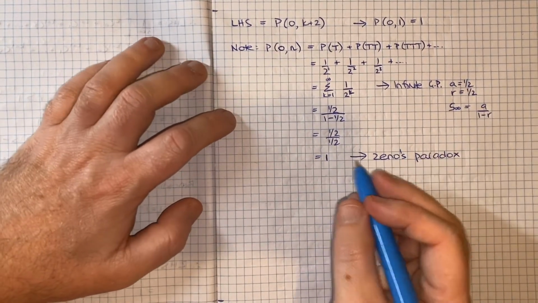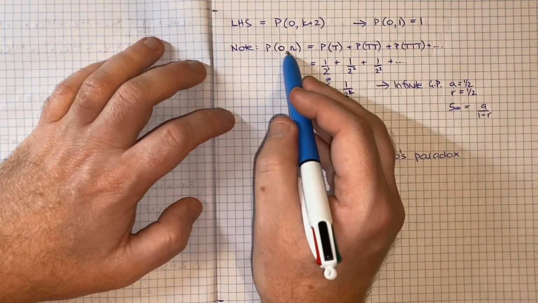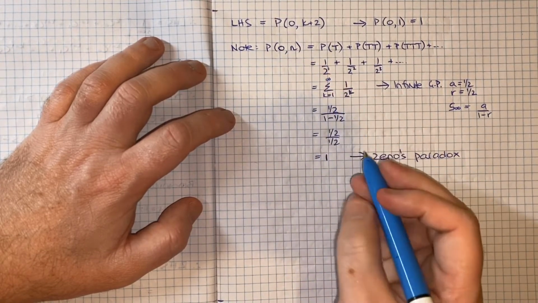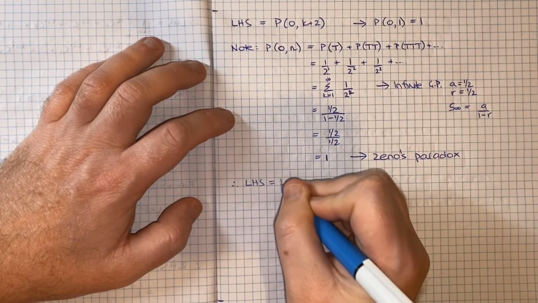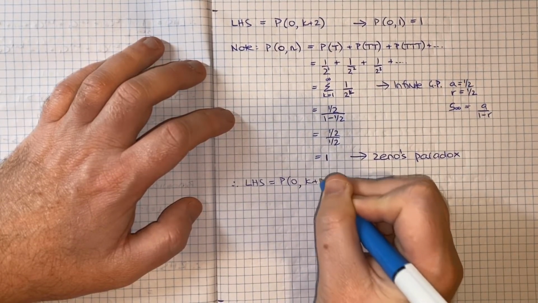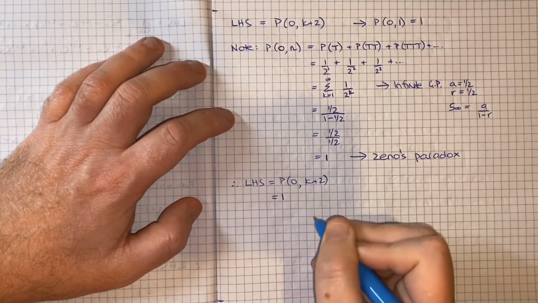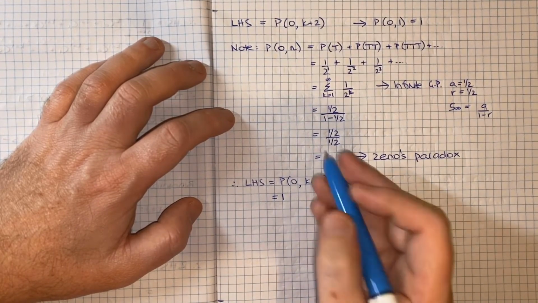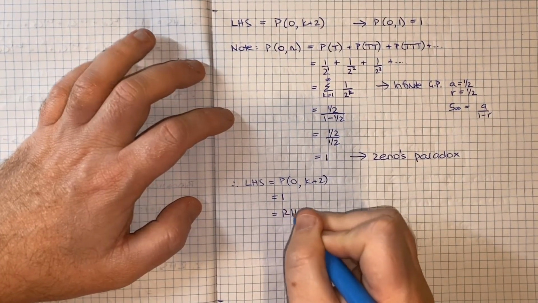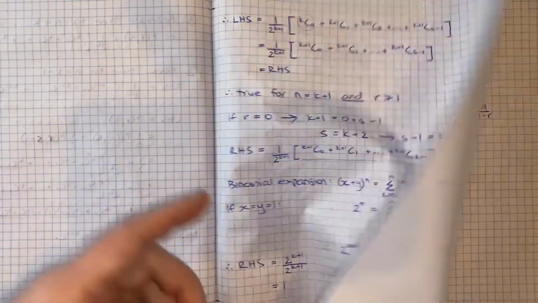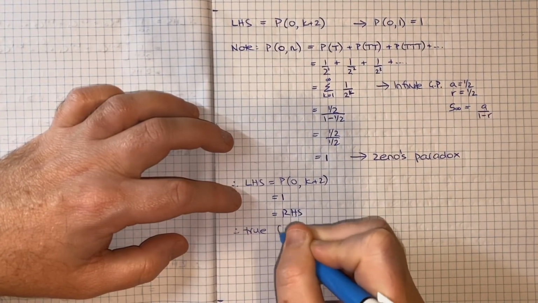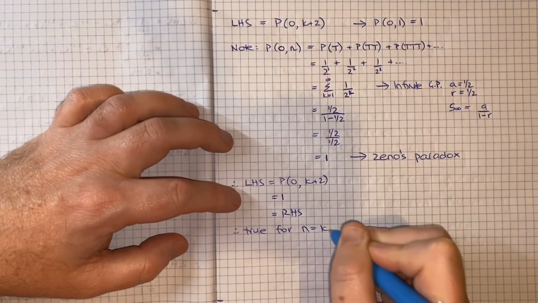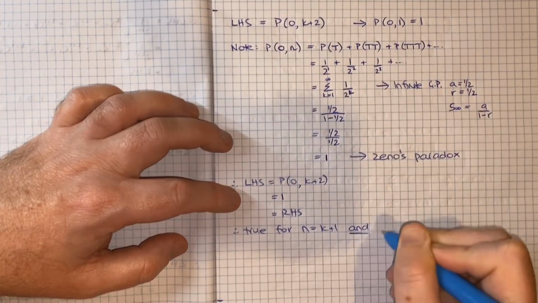So anyway, if the probability of 0, comma any integer is 1, we can therefore conclude that the left-hand side is equal to the probability of 0, comma k plus 2, which is equal to 1, because for any integer it's 1, and that's equal to the right-hand side because we just showed that was 1. So, therefore, it's true for n equal to k plus 1 and r equal to 0.